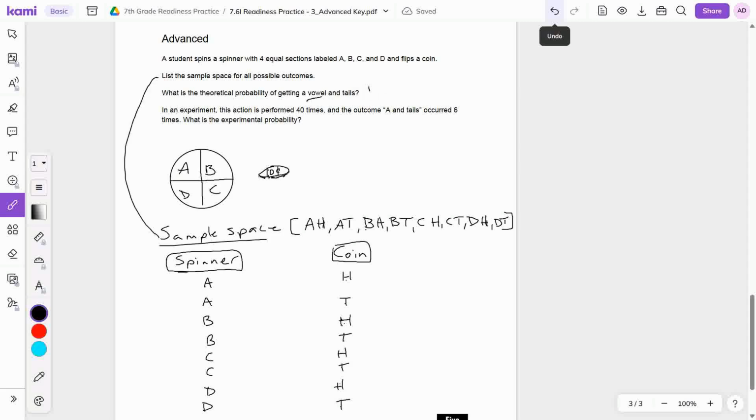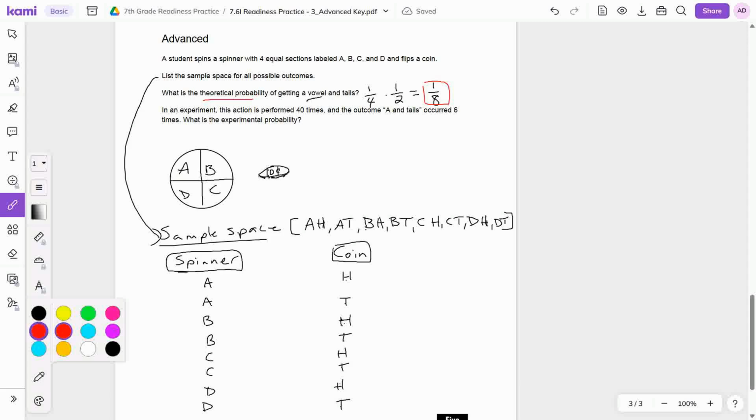Let's draw an arrow so we know where that is. 1/4, because A is my only vowel, times tails, 1/2. So that's going to get me 1/8. So the theoretical probability is 1 out of 8 tries should get me a vowel and a tails.